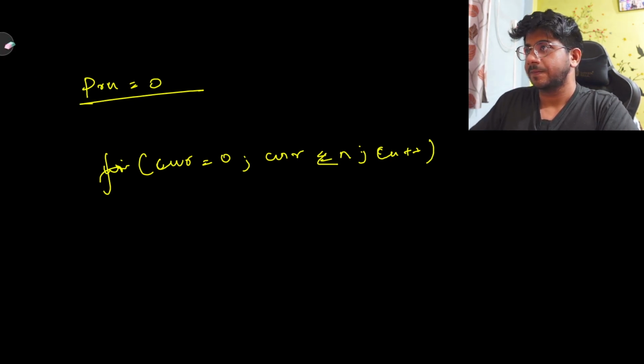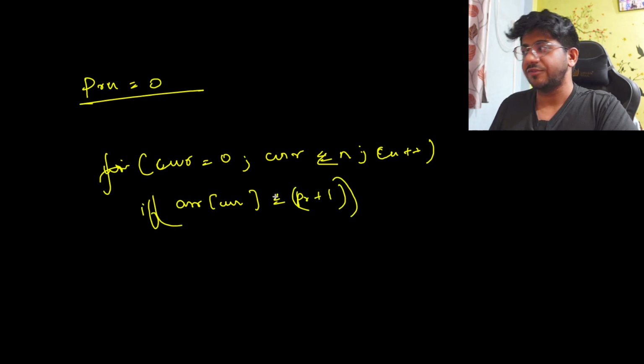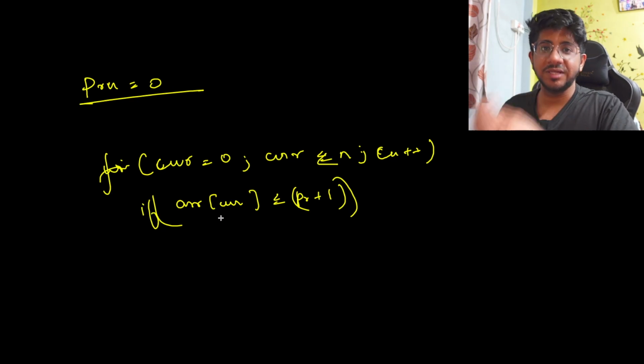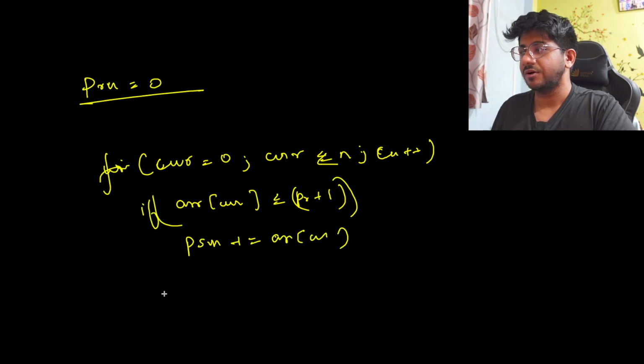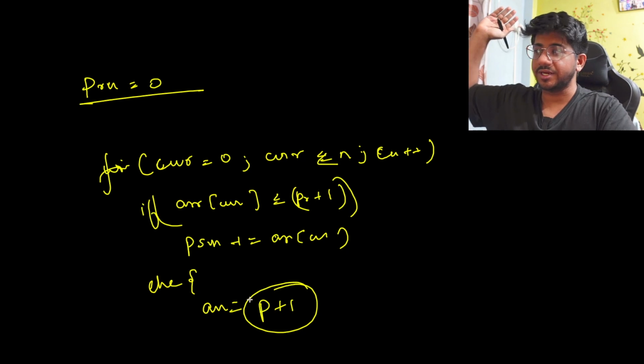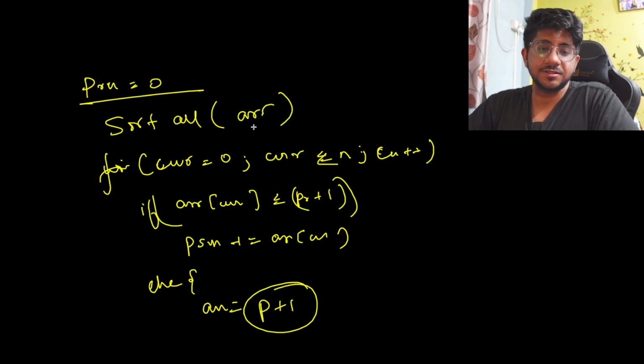If ARR of current is less than or equal to prefix sum plus 1, then you are possibly able to create that number, so include it. So prefix sum plus equals ARR of cur, or else answer equals prefix sum plus 1, because you have gone beyond that, and it's already sorted. That's basically the idea.